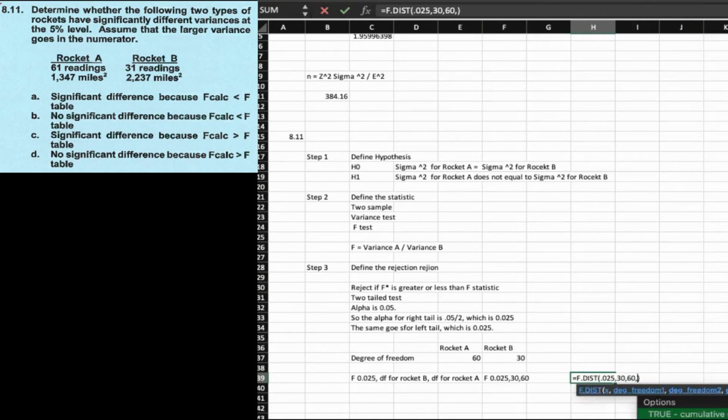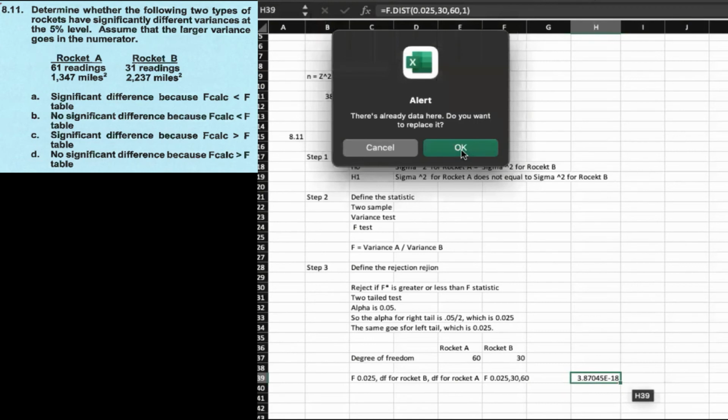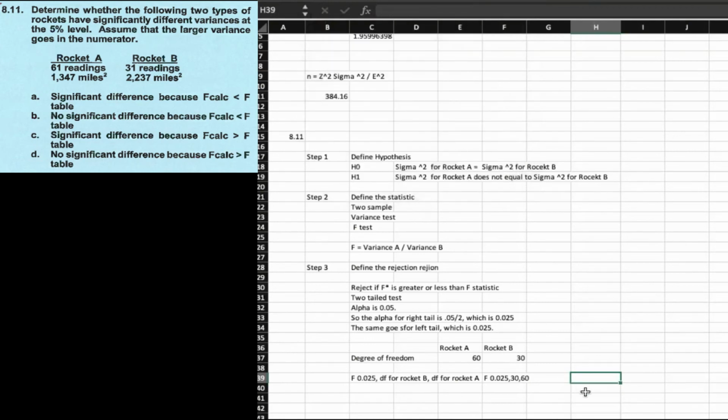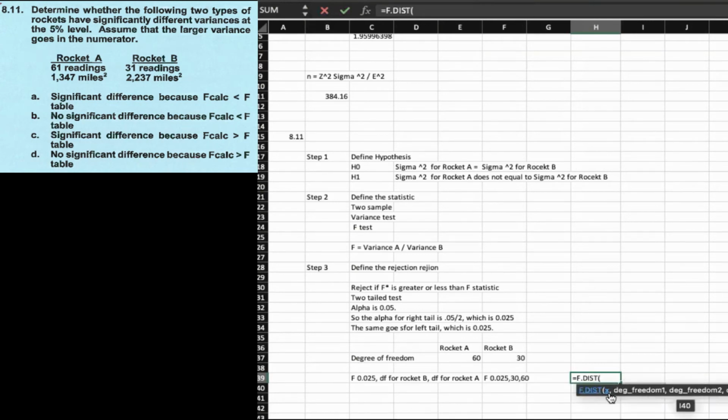And cumulative, yes. F distribution, Fx. 0.025 times 30, 60.